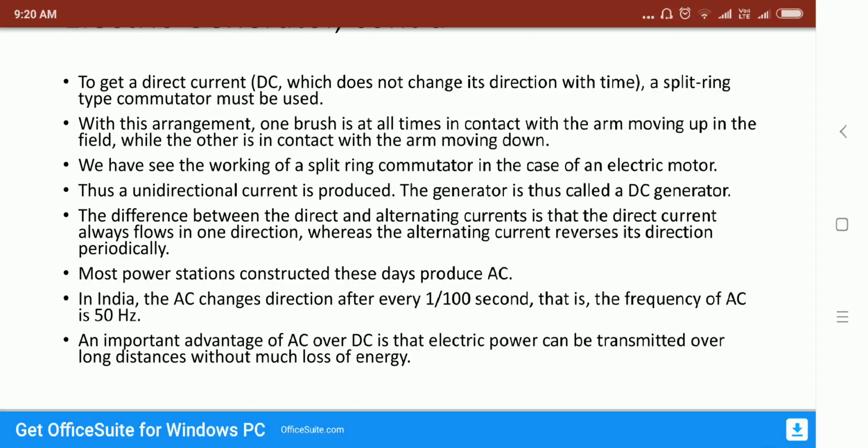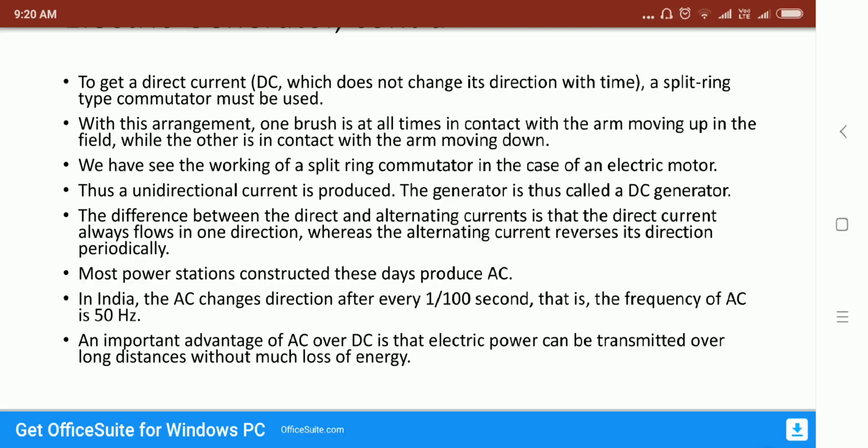In India, AC supply is available with us, that is with 1/1000 second. It means a 50 Hertz frequency of the generated AC power is available. Outside of India, generally a 60 Hertz frequency is there.